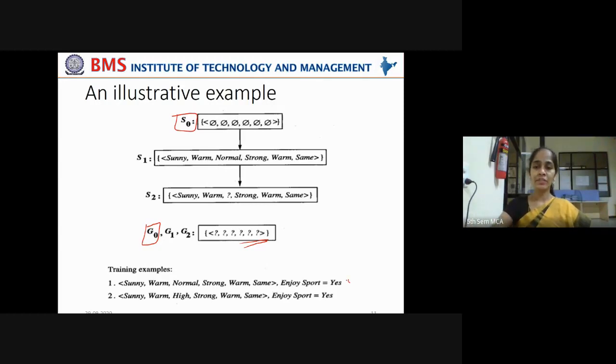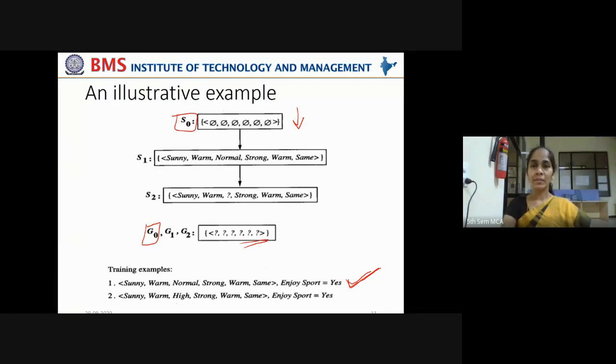Now, see the first training example at the bottom of this figure. What is the first training example? Sunny, warm, normal, strong, warm, and same. Right? Now, start from this side, from the most specific hypothesis. Initially, all the conditions are null, meaning not comfortable with any of the climatic conditions.